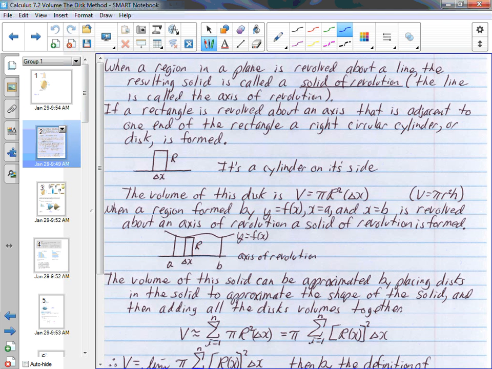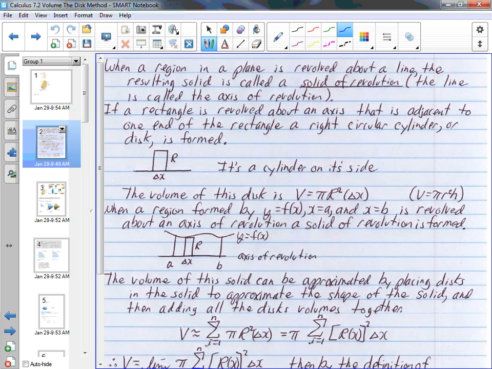All right, I wrote lots of notes. When a region in a plane is revolved about a line, the resulting solid is called a solid of revolution, and the line is called the axis of revolution. If a rectangle is revolved about an axis that is adjacent to one end of the rectangle, a right circular cylinder or disk is formed.